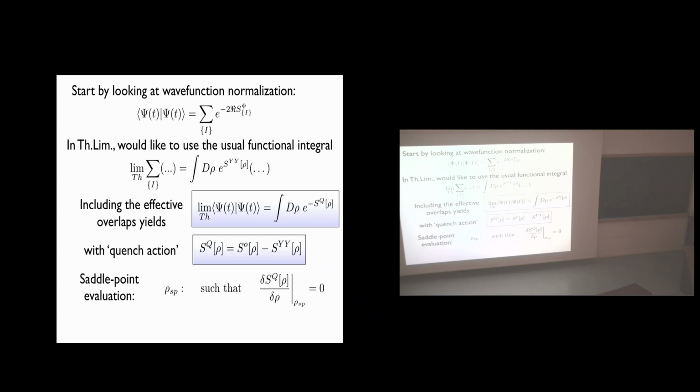So by solving this equation here, I obtain a saddle point distribution that characterizes this point in Hilbert space representing the steady state. Okay, and this is the so-called generalized thermodynamic Bethe ansatz, that you're doing like thermodynamic Bethe ansatz, not with the Hamiltonian, not with the energy, but with a different driving beast, the overlaps.